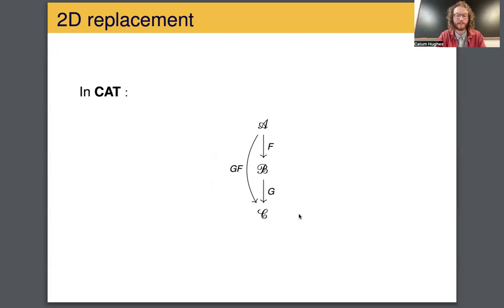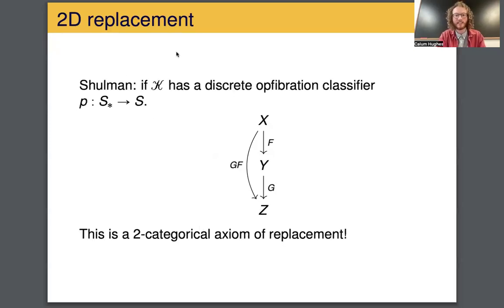And conversely, if we have this holding, then if we look at classes and take the discrete functor to make them into functors between categories, then this forms small discrete vibrations exactly. So this is equivalent to the axiom of replacement. And Schulman's idea is that in a general 2-category, if we have a discrete vibration classifier, then the condition that small discrete vibrations are closed under composition is a 2-categorical axiom of replacement.